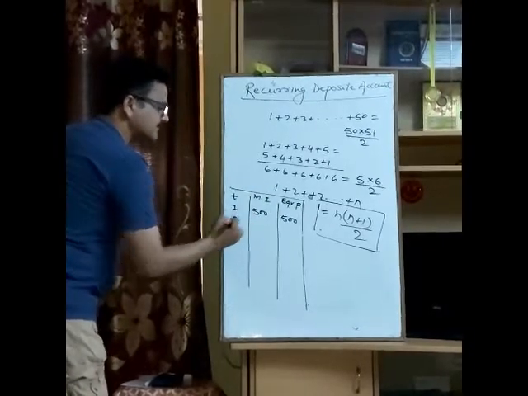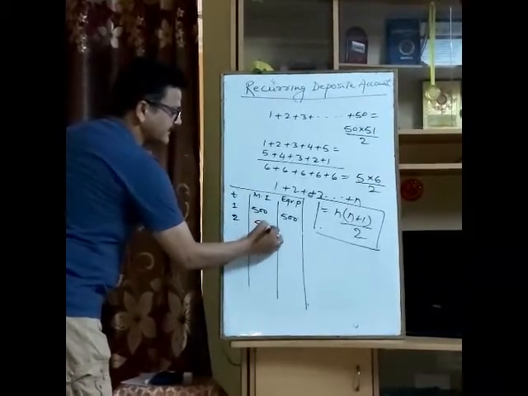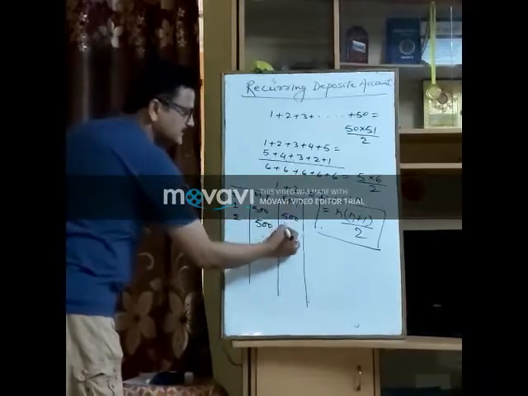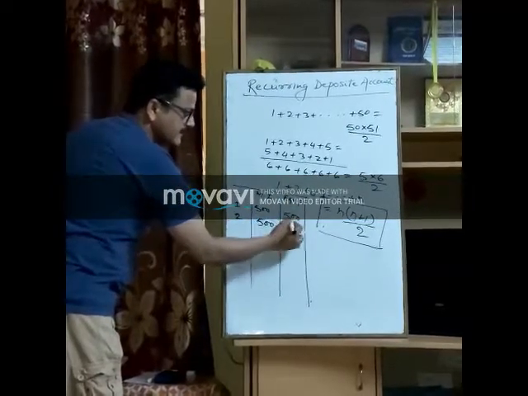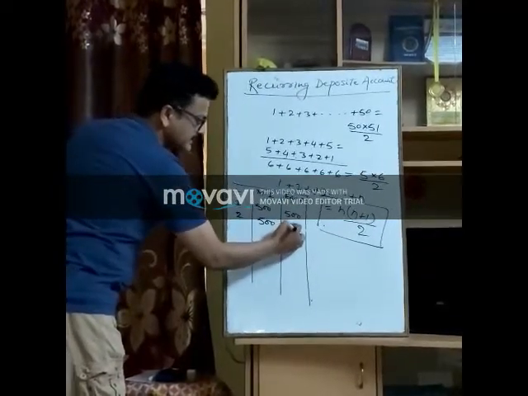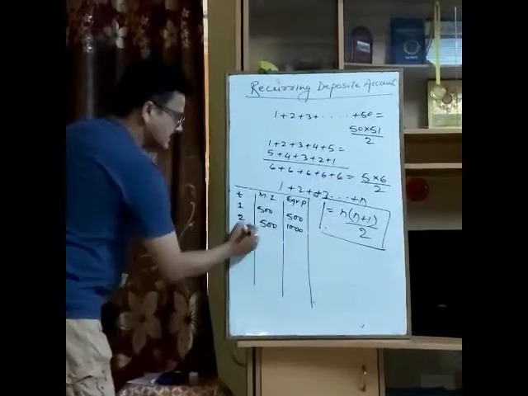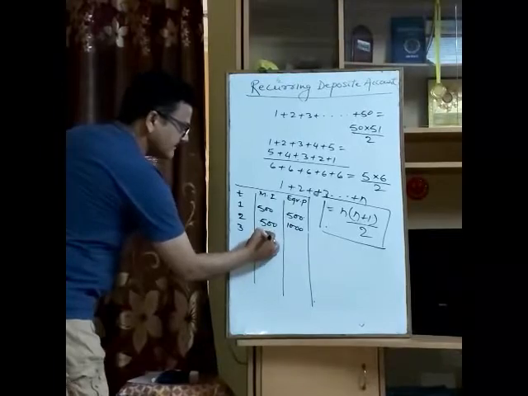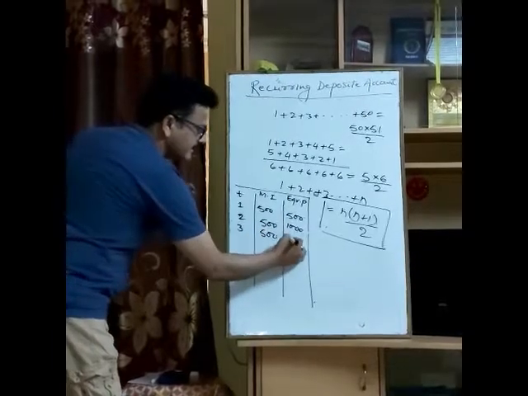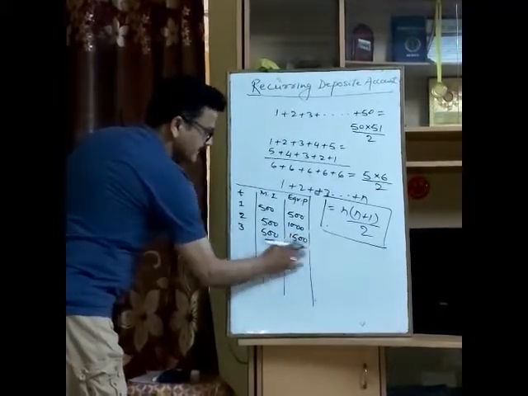When second month you deposit 500, then total deposits becomes 500 into 2, that is 1000. When you give third installment of 500, it becomes 1500.